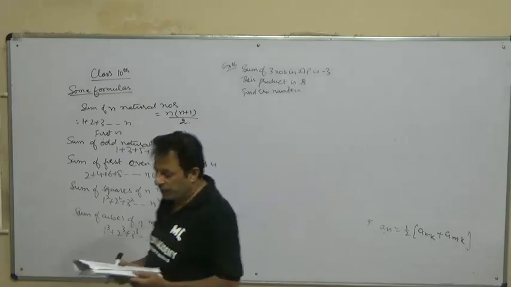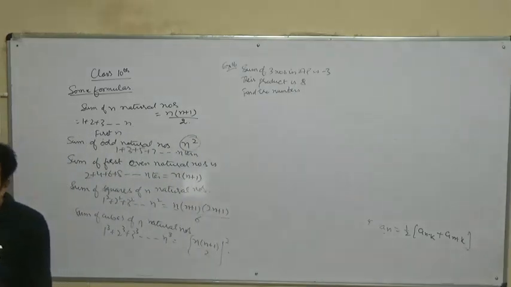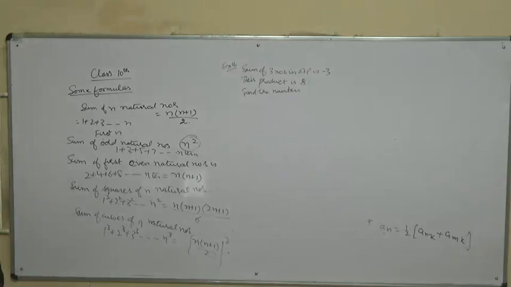So what do we do here? The question says the sum of three numbers in AP is minus 3. Whenever we want to find three numbers in AP, how can we assume those numbers?